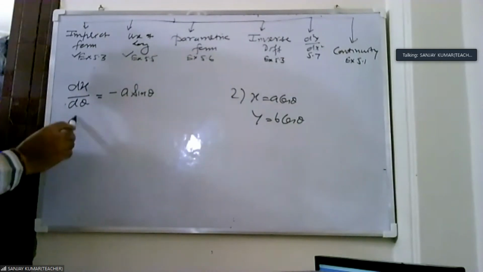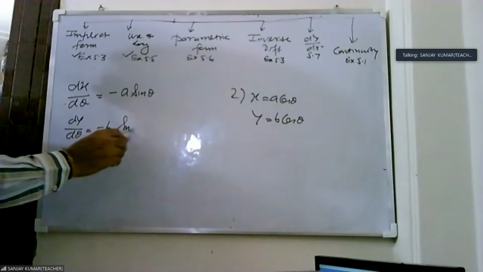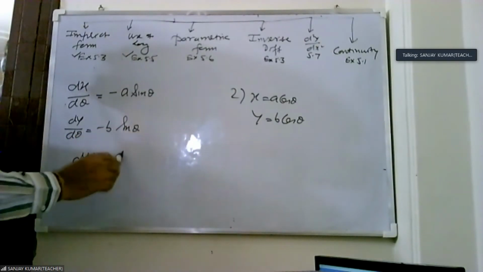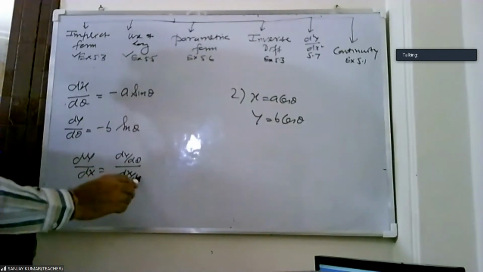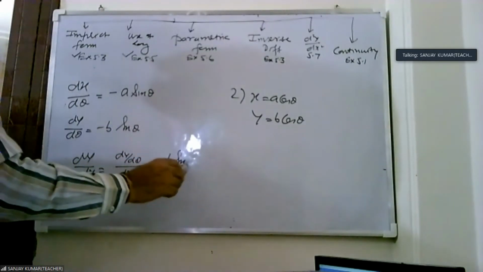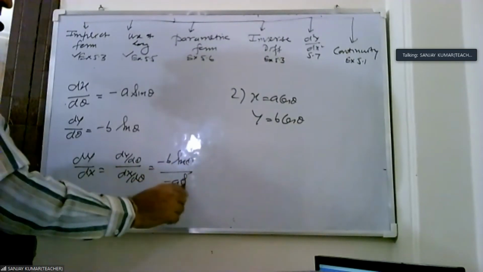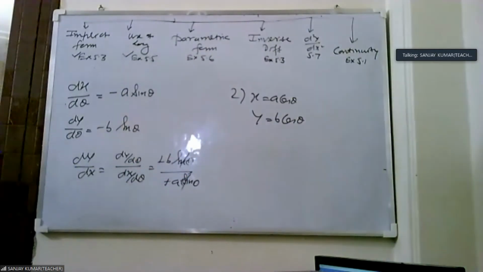Similarly dy by d theta is minus b sin theta. But the question is to find dy by dx, so you divide both. We have minus b sin theta upon minus a sin theta. So the answer is b by a.